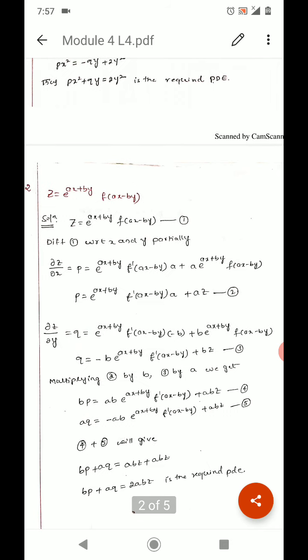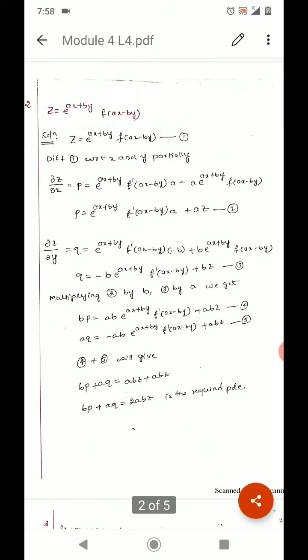So finally p is equal to e power ax plus by times f dash of ax minus by into a, plus a into z, since e power ax plus by into f of ax minus by is z, we take that as az. Take this as equation 2.